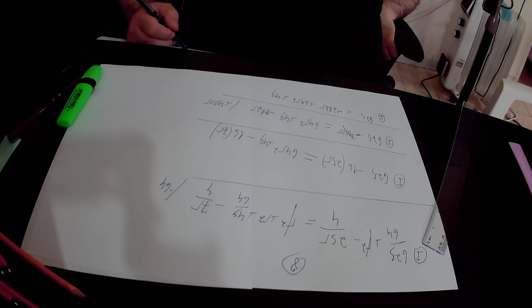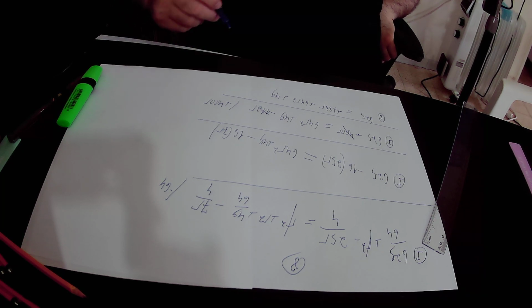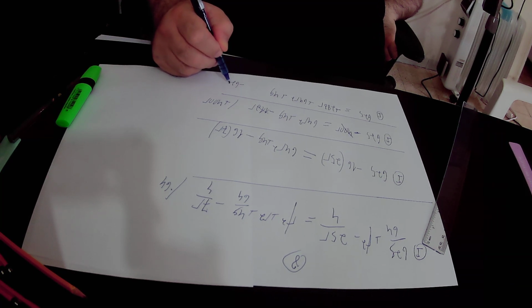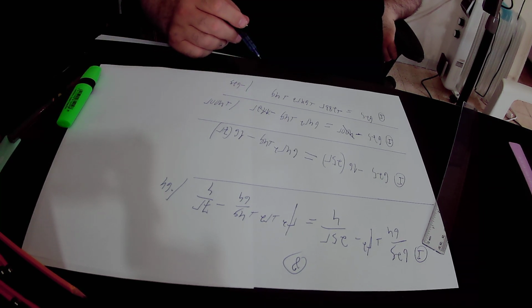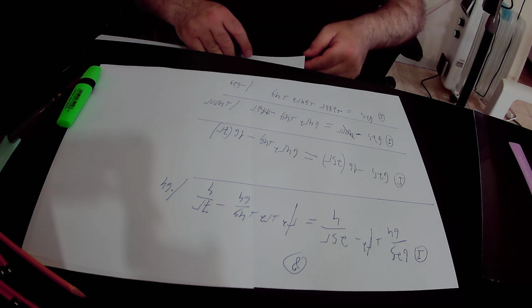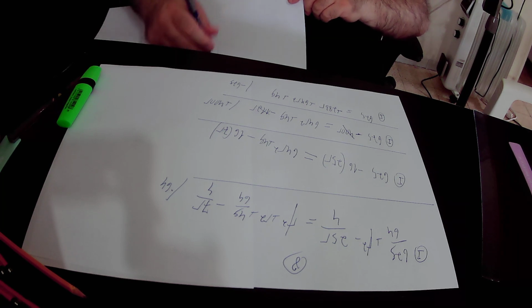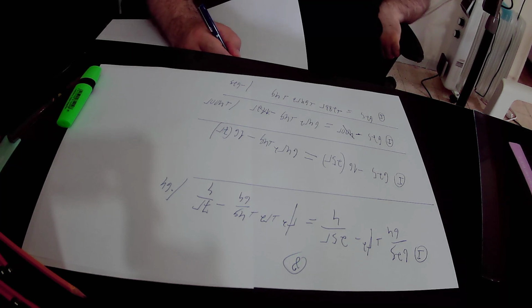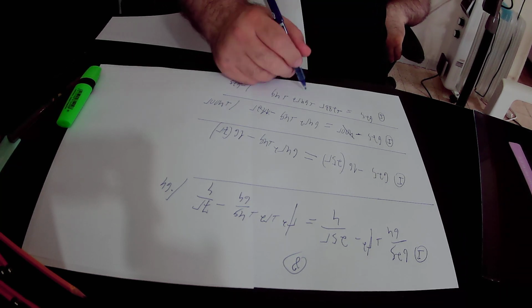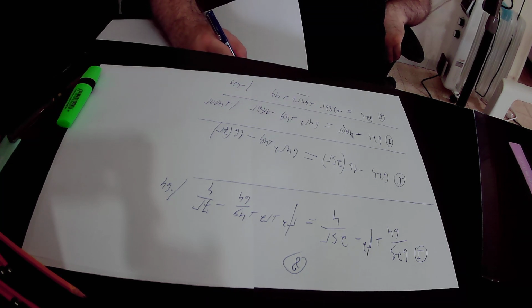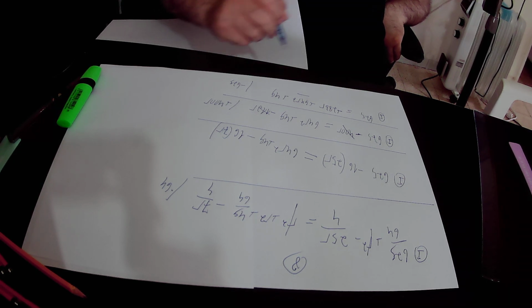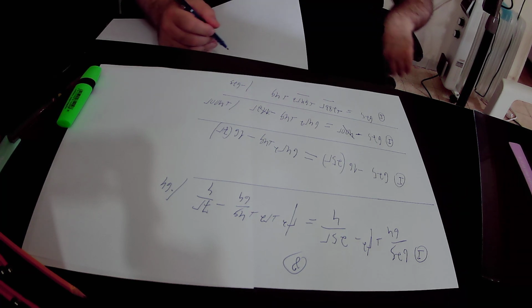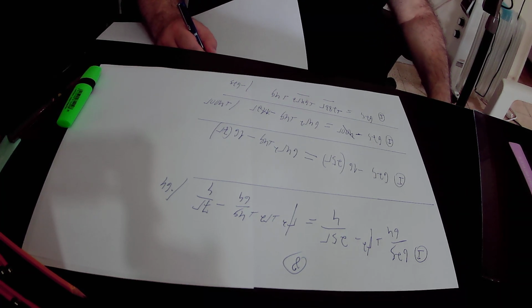Here we subtract 625 from equation number 1, and we get 625 minus 625 is 0, equals 64r squared plus 288r, and here 49 minus 625 is minus 576.